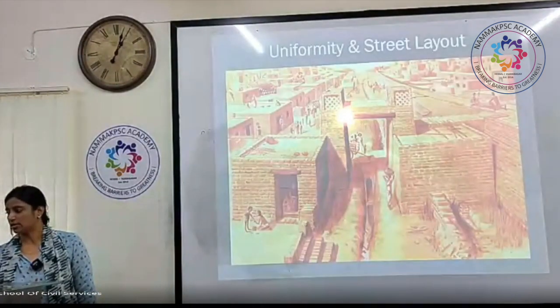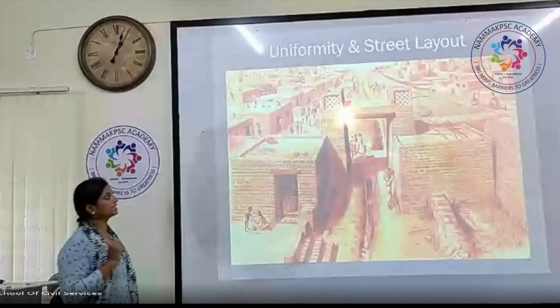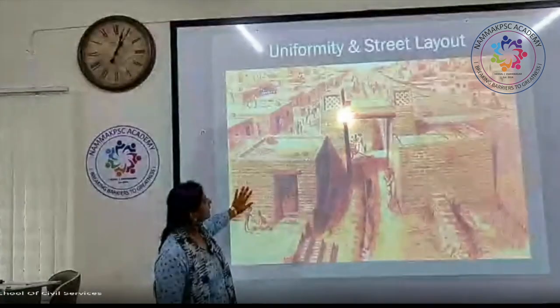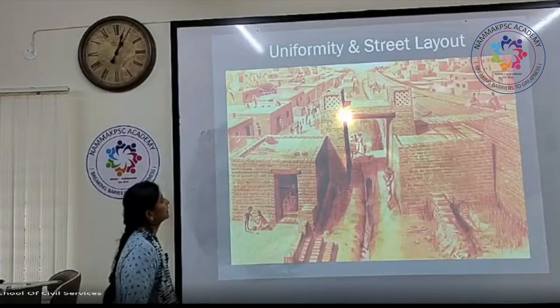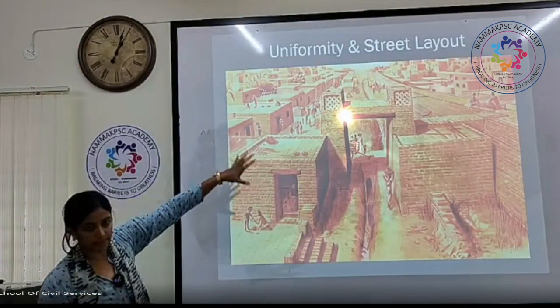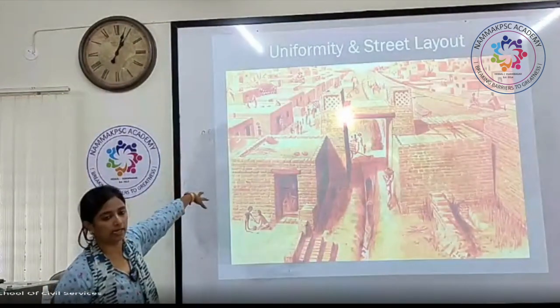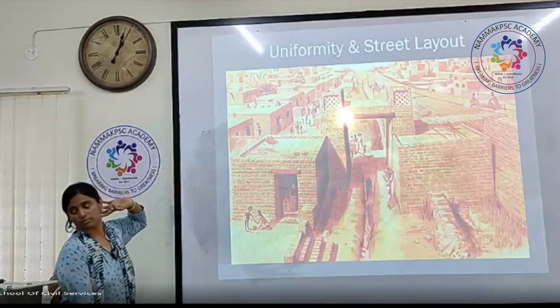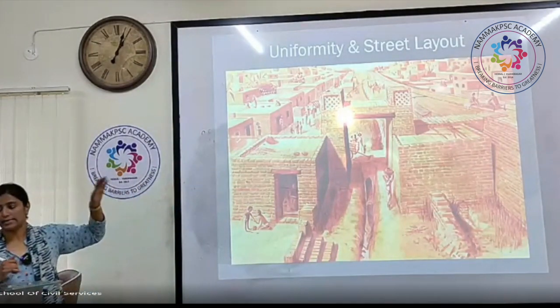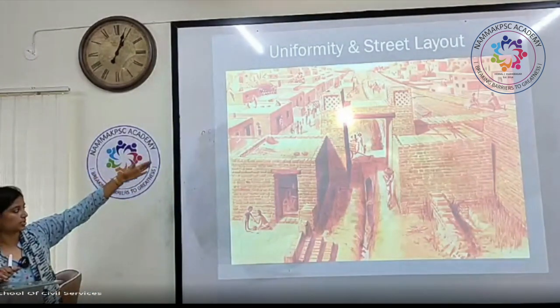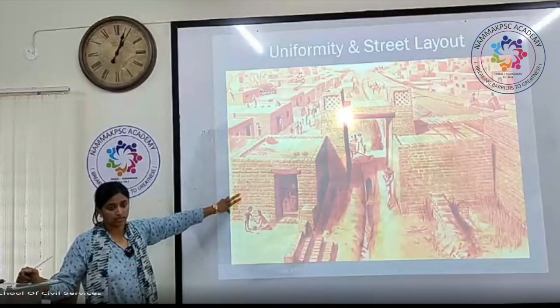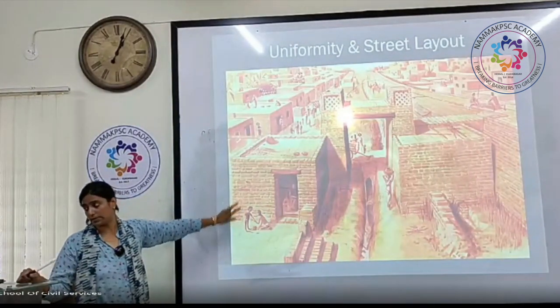And then comes your uniformity and street layout. I told you they are uniform. Can you see this? Yes, they all look alike. This is one representative picture of your town planning. It had nice uniform structures and they used burnt bricks. Very important thing is they used burnt bricks.